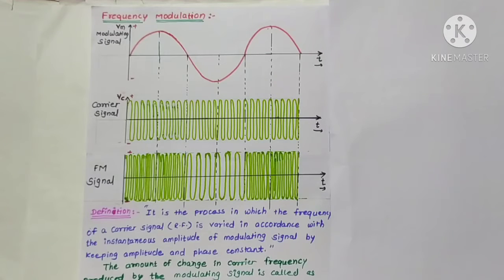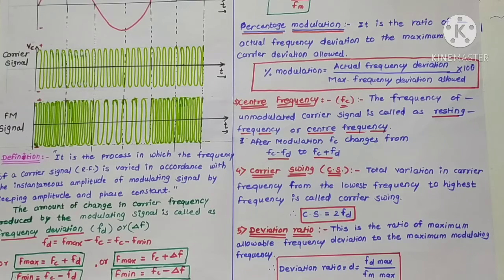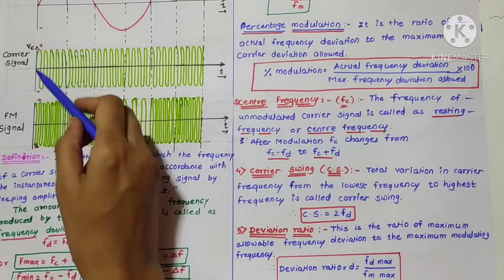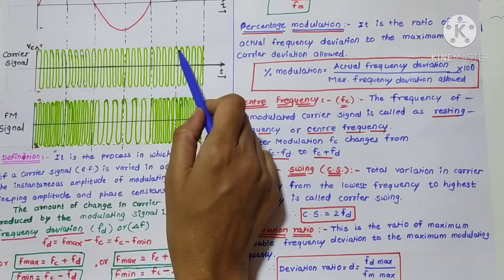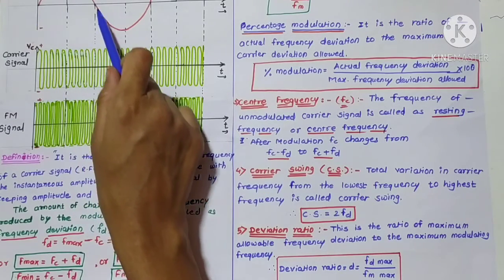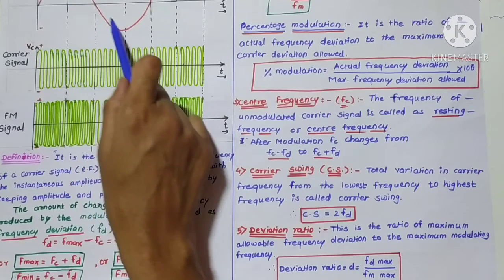As we know, an amplitude modulated signal has two sidebands, upper sideband and lower sideband. Okay students, you can see there is a change in the frequency of the carrier with change in the amplitude of the modulating signal.